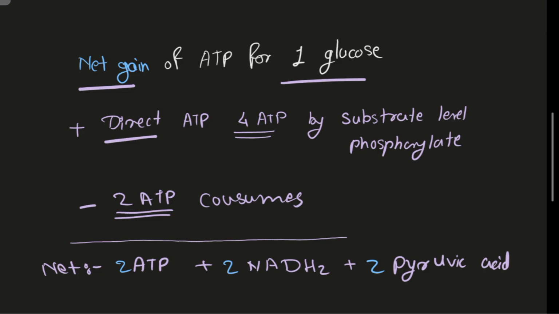Also, at the beginning we lost 2 ATPs, or 2 ATPs are consumed. So, the net result of glycolysis is 2 ATPs, 2 NADH2 and 2 pyruvic acid.